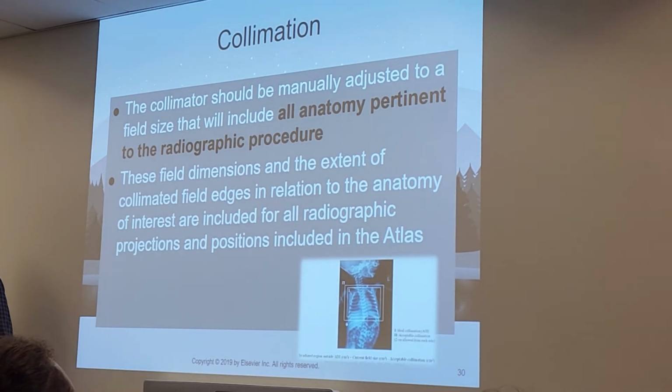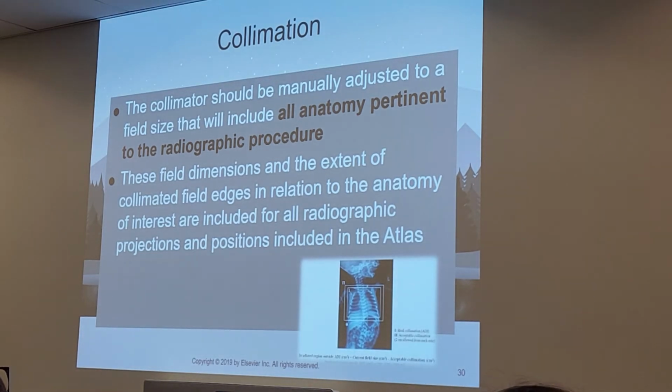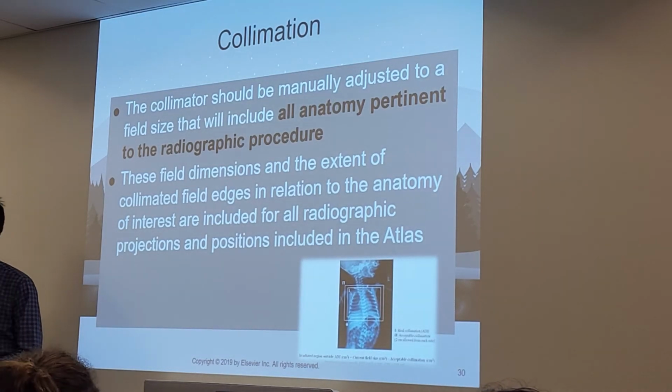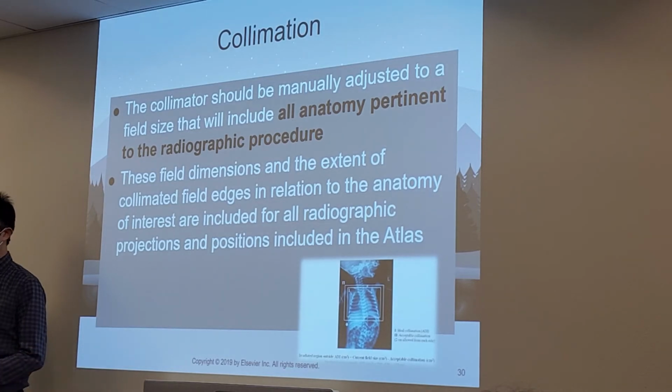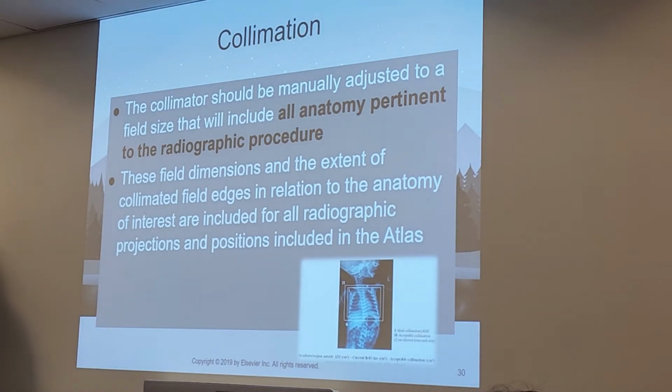So if you open up your Merrill's right now, in any chapter, the chest chapter, the hand chapter, and you look at the instructions, part of the instructions will be how much to collimate. So you have no excuse for not knowing where your collimation should start and end.